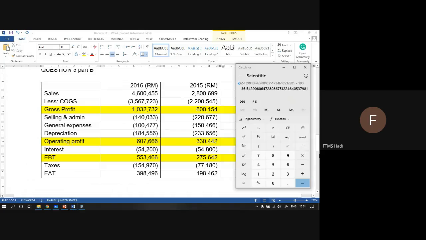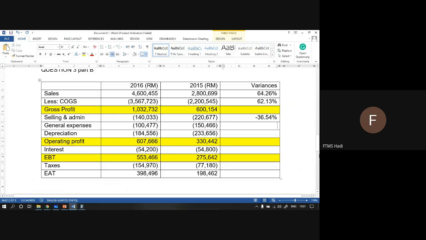Selling expenses: negative 100,477 minus negative 150,466, divided by negative 150,466, multiplied by 100, negative 33.22%, which is a drop.